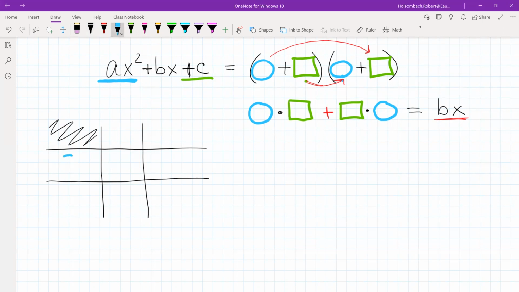Whatever factor goes in this position times whatever factor goes in this position has to equal the first term. All right? So it's this factor times this factor has to equal the ax squared. This factor times this factor has to equal c.